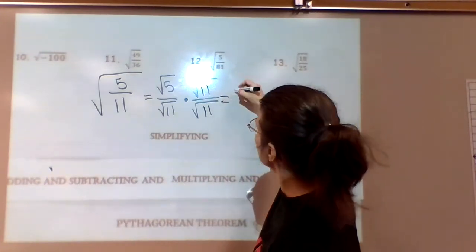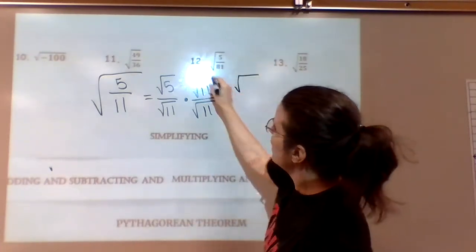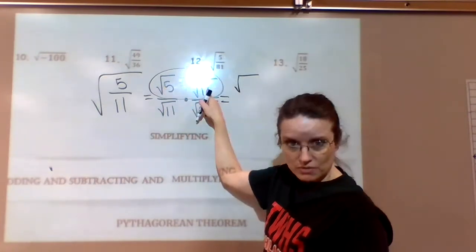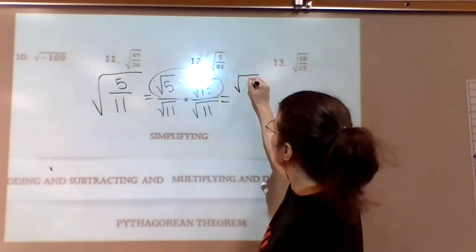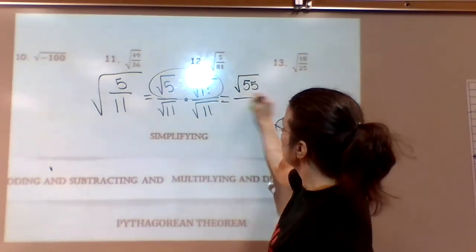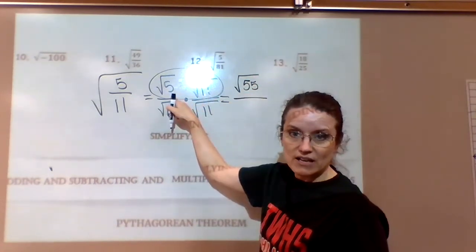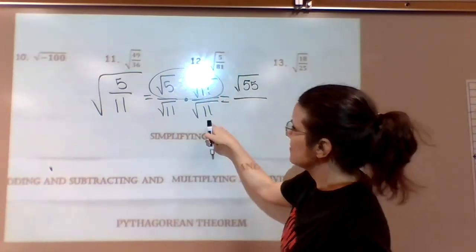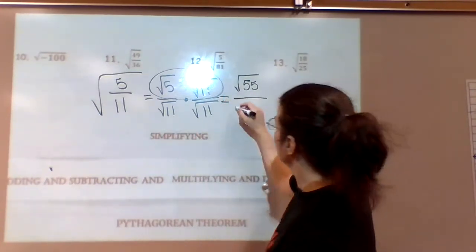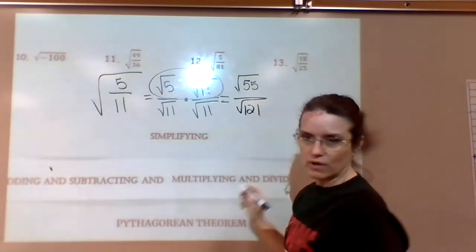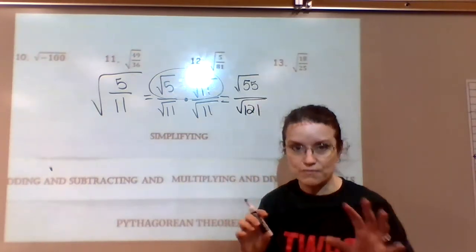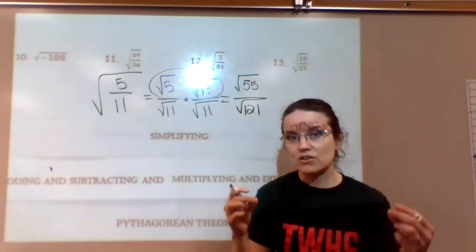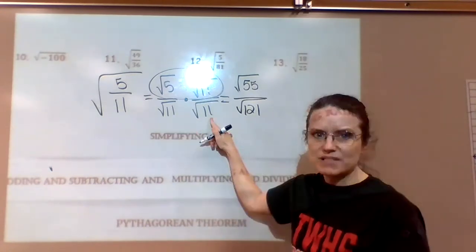And so in the end, I have the square root of, well, 2 radicals multiplied, you just multiply the radicals. So 5 times 11 is 55. And notice there were no perfect squares in there anywhere, so I'm not getting anything that's going to simplify here. And then the square root of 11 times the square root of 11 is the square root of 121, which, hopefully, as you get more comfortable with your perfect squares, you're going to go, ooh, that was 11 times 11.